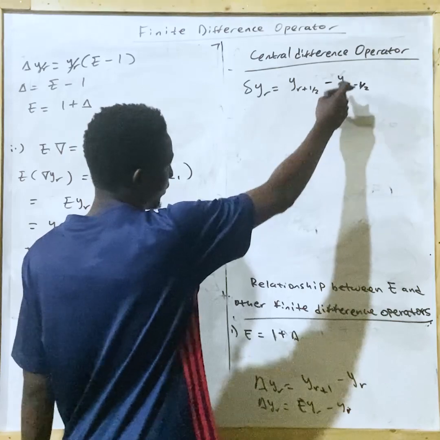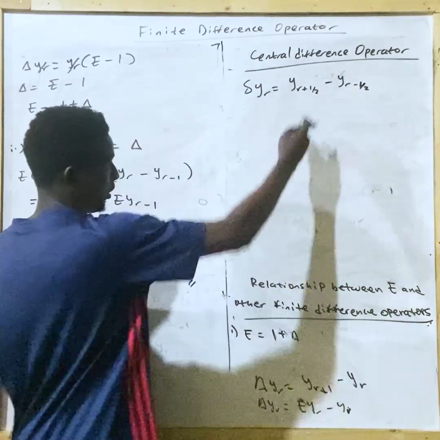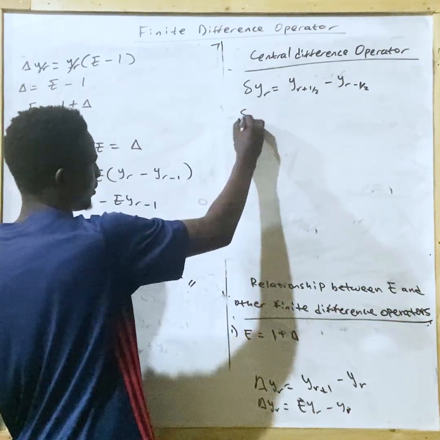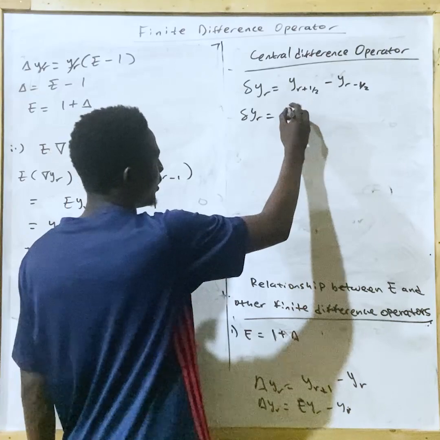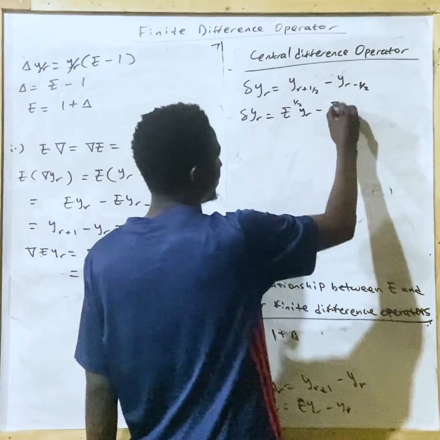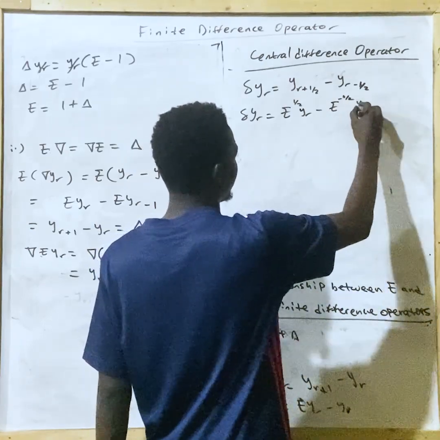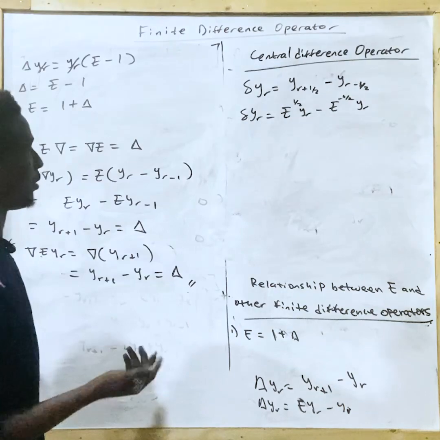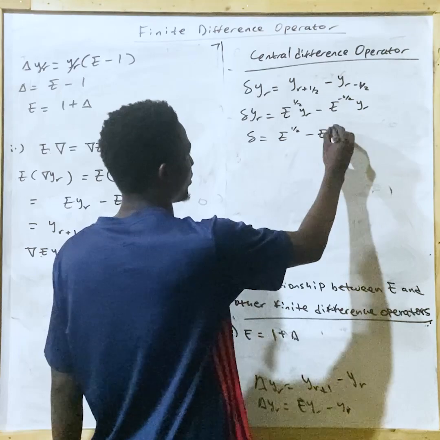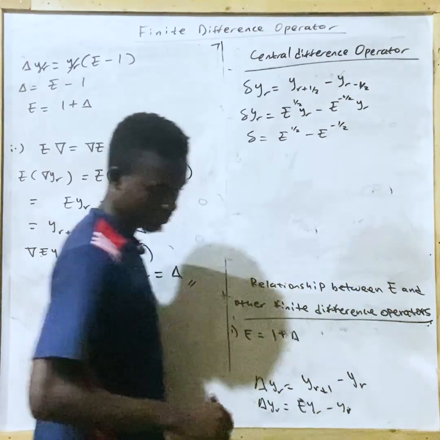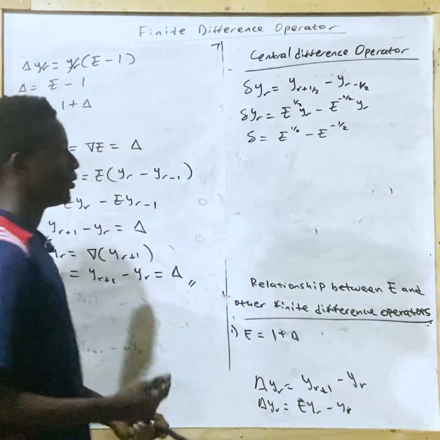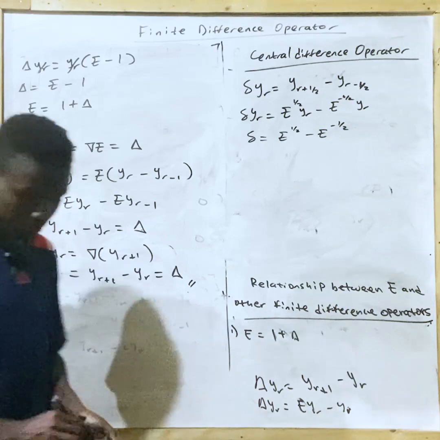We're adding half to r and removing half from it, on this side and on this side. I can express this as E raised to power half of yr minus E raised to power minus half of yr. This means my central difference is E raised to power 1 over 2 minus E raised to power minus 1 over 2. So this is another relationship between the shift operator and other finite difference operators.